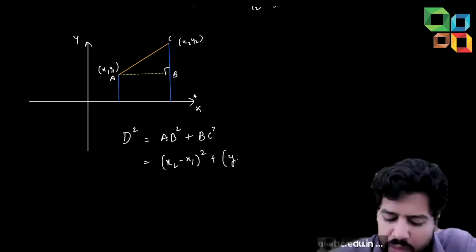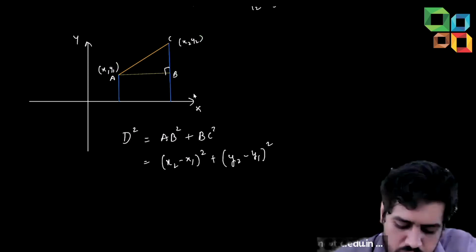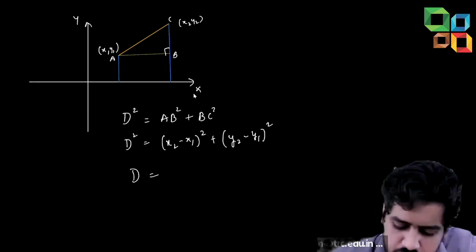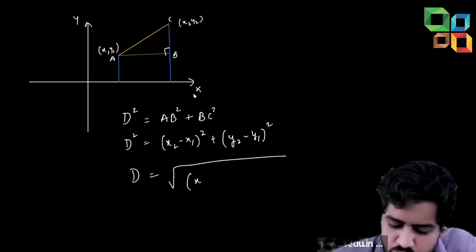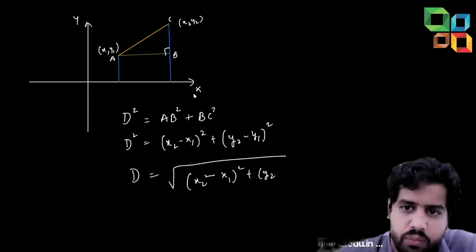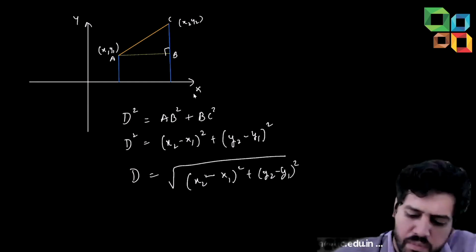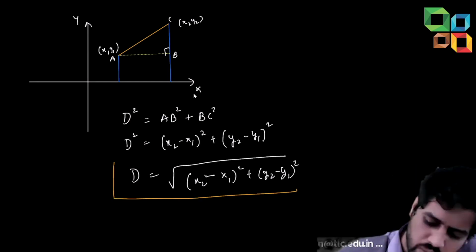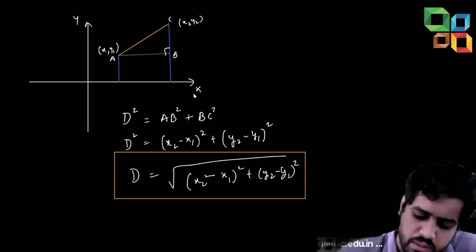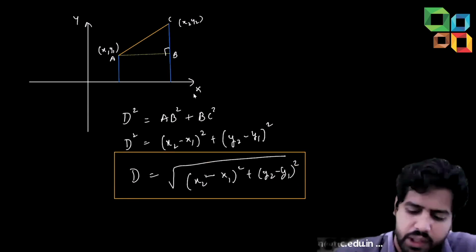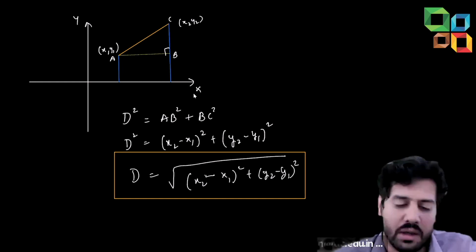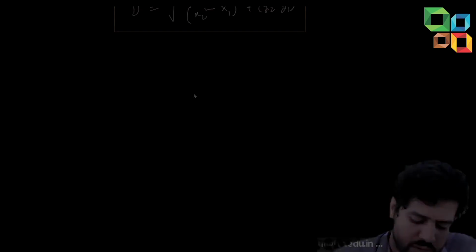So BC square will be y2 minus y1 the whole square. Okay. So if we want the distance between 2 points, it is root of x2 minus x1 the whole square plus y2 minus y1 the whole square. Okay. This is distance formula.